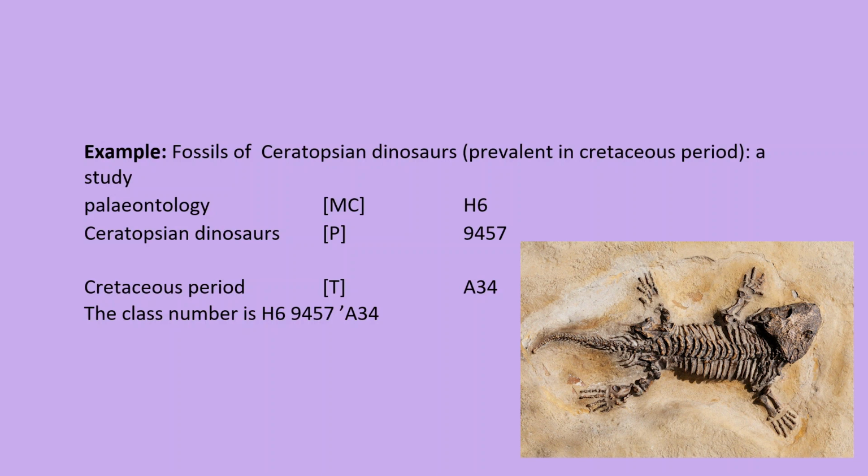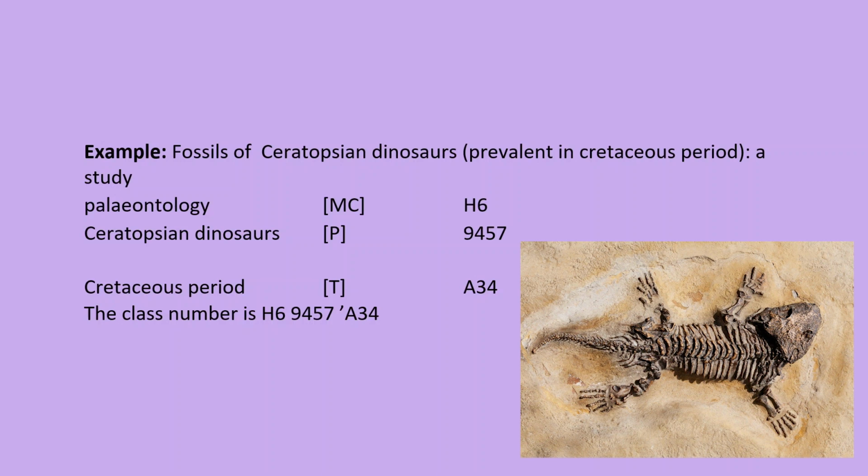Another example is fossils of ceratopsian dinosaurs prevalent in the Cretaceous period. For a study of this, the main class or the canonical class will be the paleontology from the main class geology, and for ceratopsian dinosaur, the notation will be obtained from the personality facet, and for the Cretaceous period, the notation will be obtained from the H5 stratigraphy and not from the chronological table or time isolates.